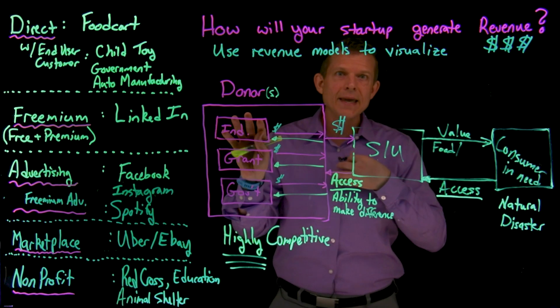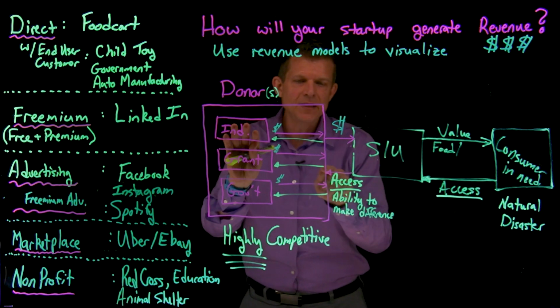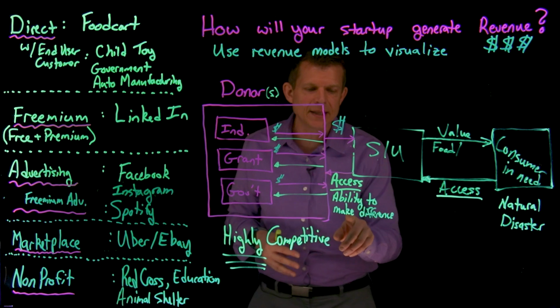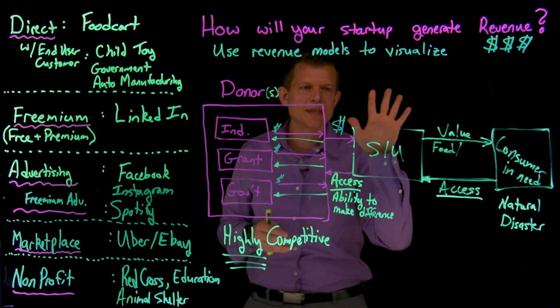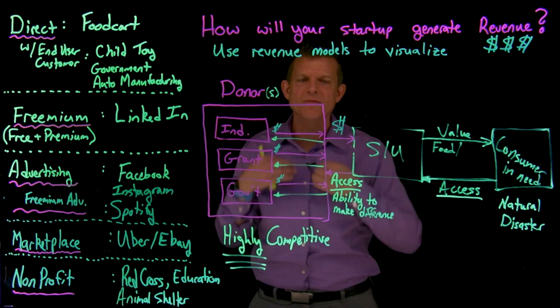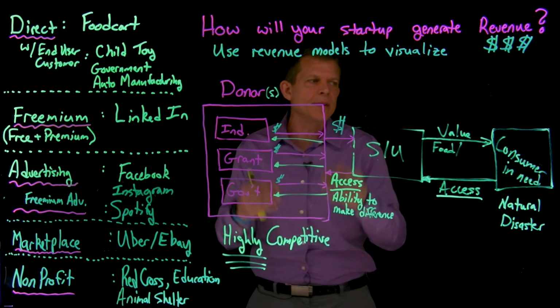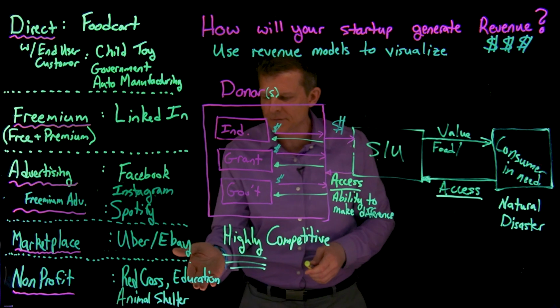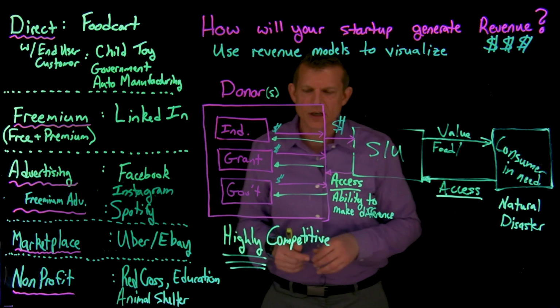And what I get back is the feel-good access that I made a difference and the ability to make the difference. So that's the value this startup is providing me: the ability to make a difference somewhere else in the world, whether that be in education or in animal shelters.